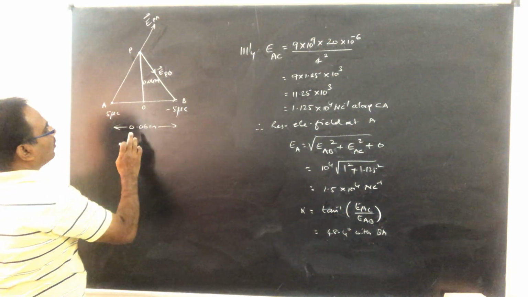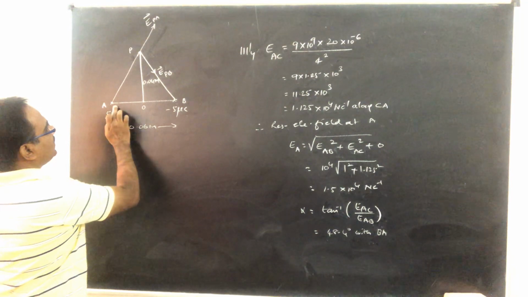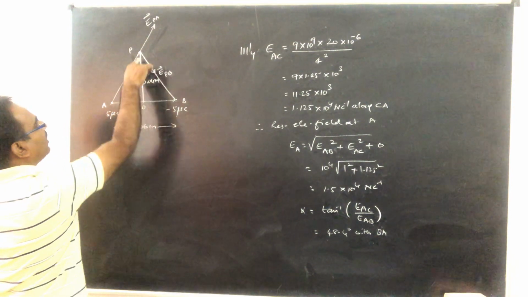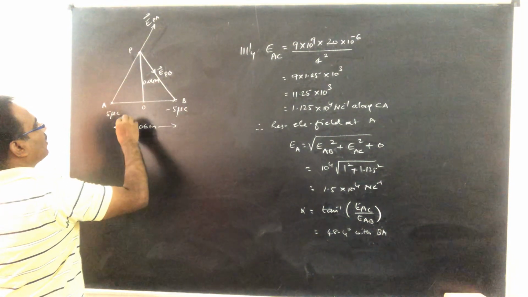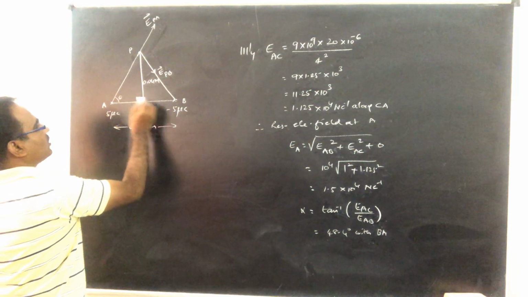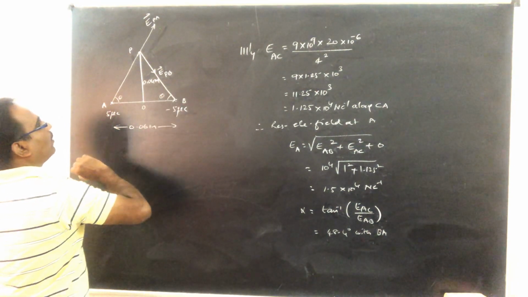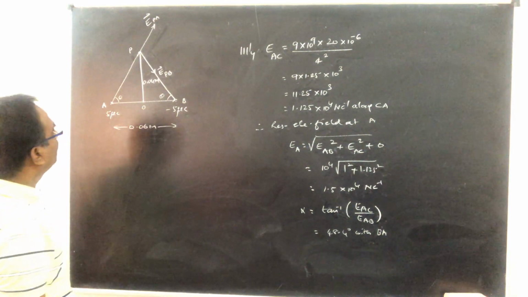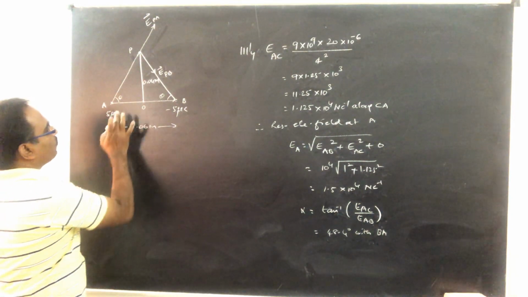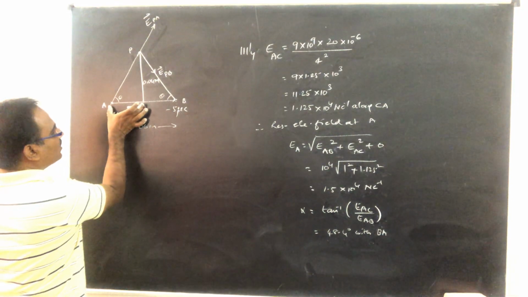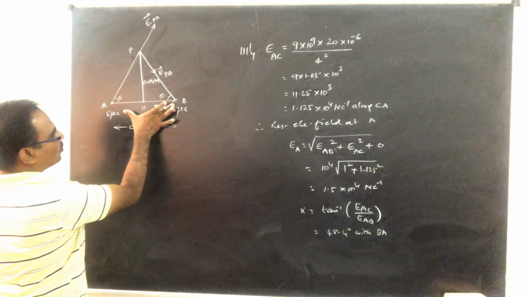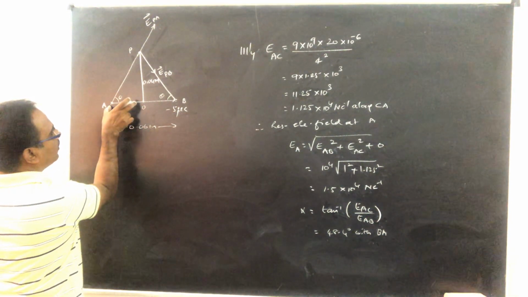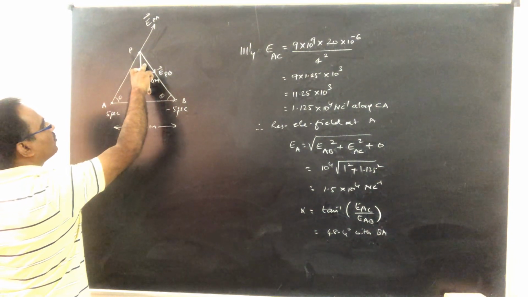Now this is a triangle, this is a triangle. So this angle here becomes equal to this angle here. Therefore this angle will become equal to twice this angle. Now this distance is 0.03 meter, because it is 0.06, that means this is 0.03 AO, this is 0.04.